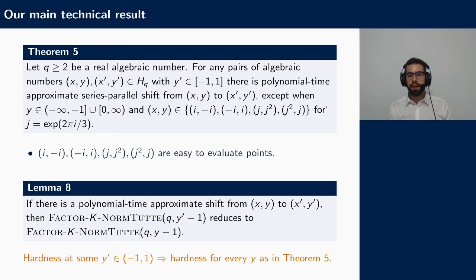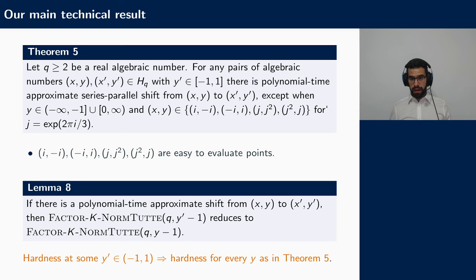So now I can state the main technical result of our work, theorem 5. Here Q is at least 2. What it says is that for any two pairs of algebraic numbers x, y, and x prime, y prime, such that y prime is between -1 and 1, there is a polynomial time approximate series parallel shift from the first pair to the second one.